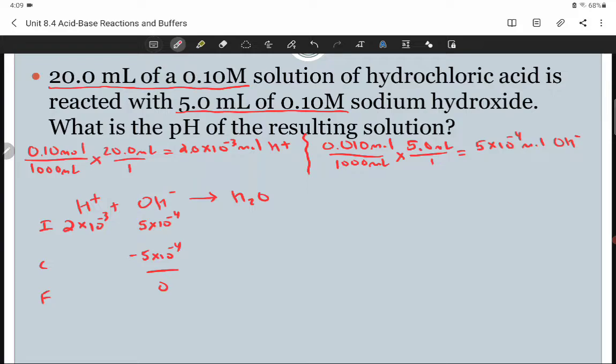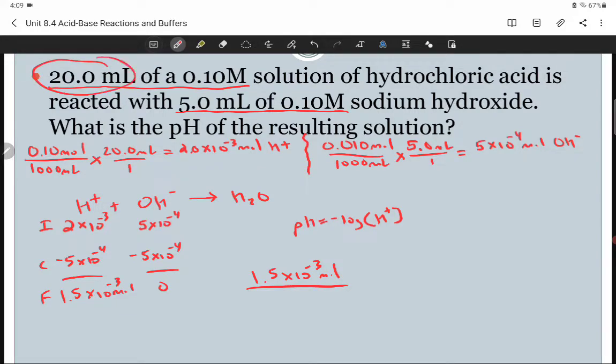So wherever we have 5 times 10 to the negative fourth, we're going to put 5 times 10 to the negative fourth everywhere else. And that is the moles that we have of hydrochloric acid. To get pH, though, you need concentration. So what is the concentration? The concentration is the moles divided by the total volume.